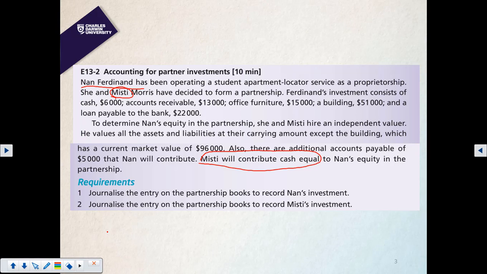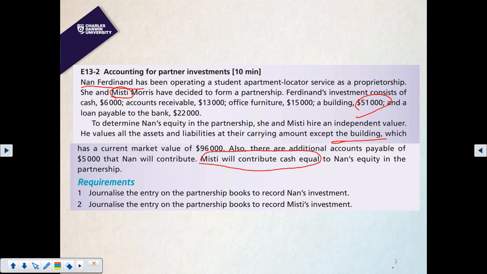So to find Nan's equity, we just need to find the amount of asset and then deduct the liabilities. In case of asset, there is the building, right? Whatever the building have a value right now, it is 51,000, right?